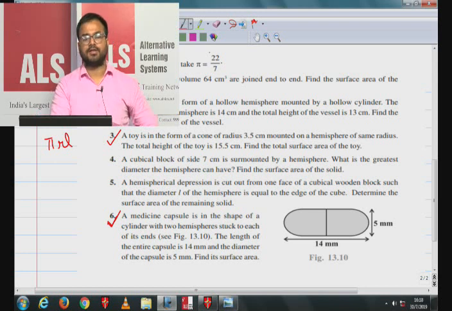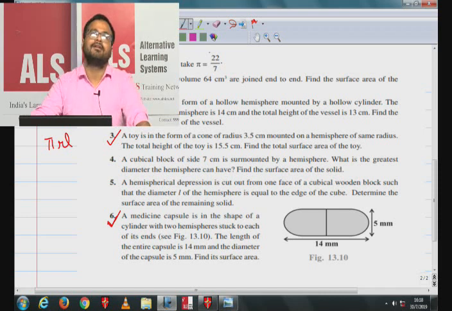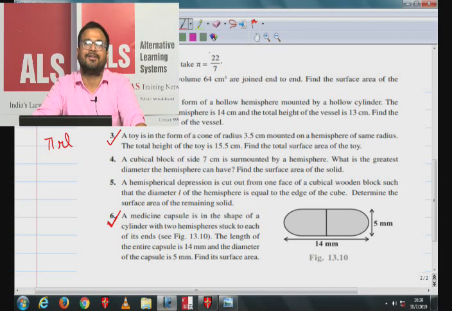Shillong, are you getting it? The question number third. Sonu? Okay, okay, do it. Sisipur, all of you have done, or only one student has done?